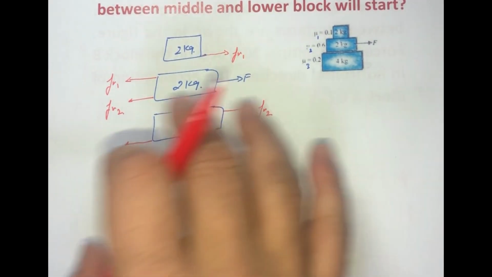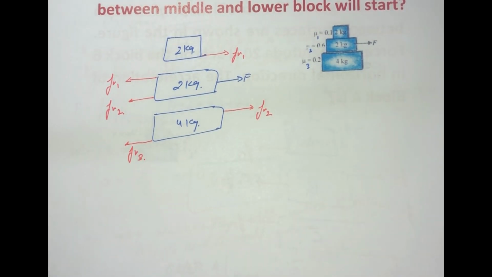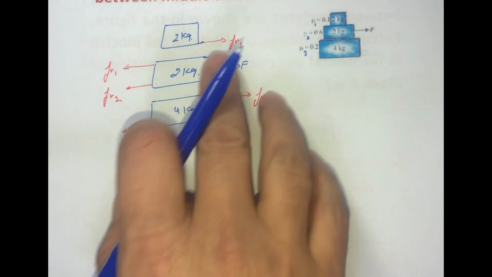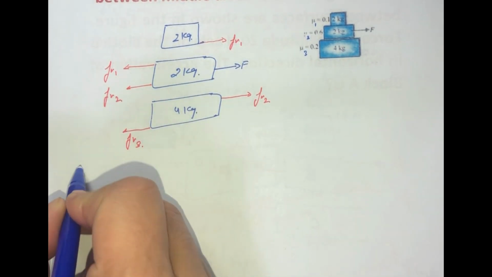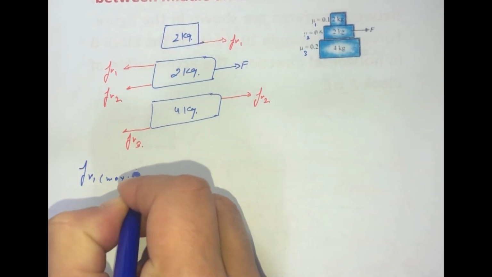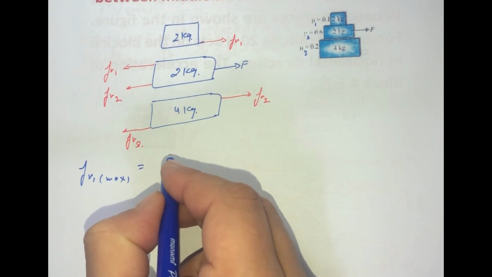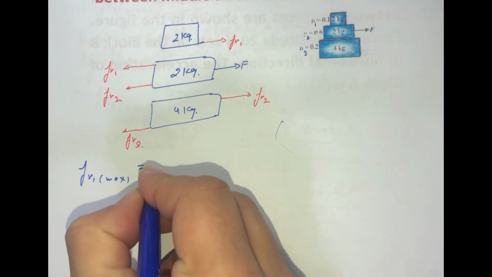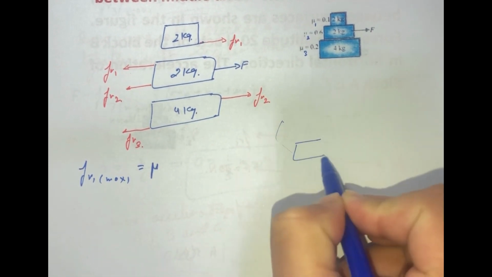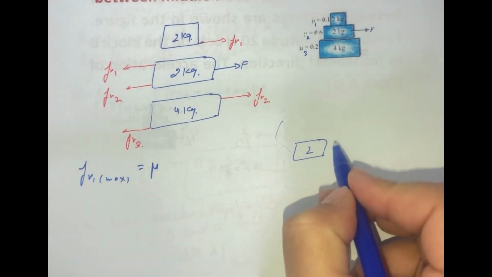So these are the various frictional forces that will be acting, and let us find out the limiting or maximum value of each frictional force. So we can say Fr1 max will be equal to mu1 n1. Let me draw it here. This is a 2 kg block.